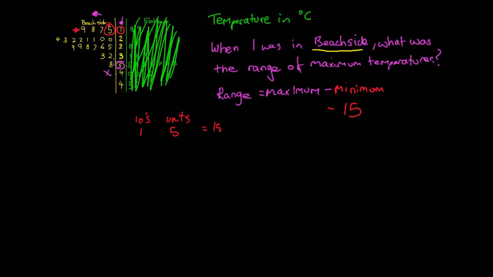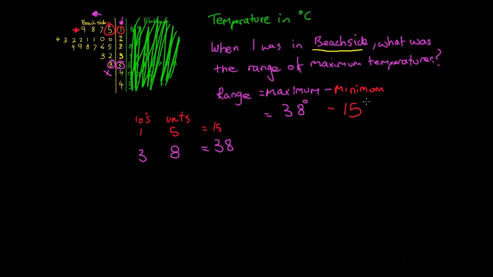So this 38 is my last observation: a 3 in my tens column and an 8 in my units column. I know that my maximum is going to be 38, so I can jot that down over here.